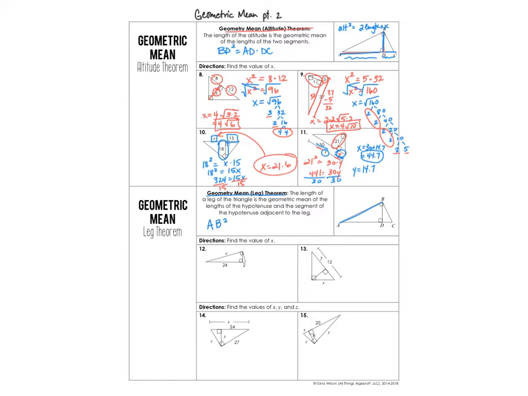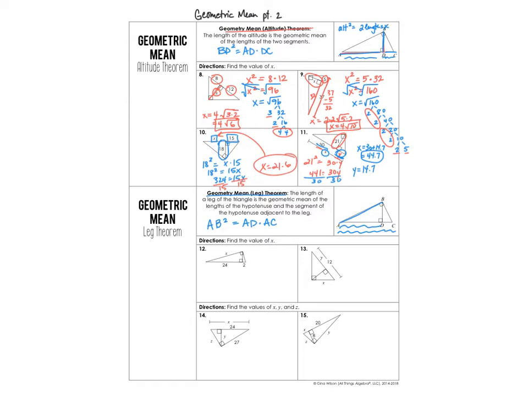So this leg is the geometric mean of the lengths of the hypotenuse, so AD, and the segment of the hypotenuse adjacent to the leg, AC.